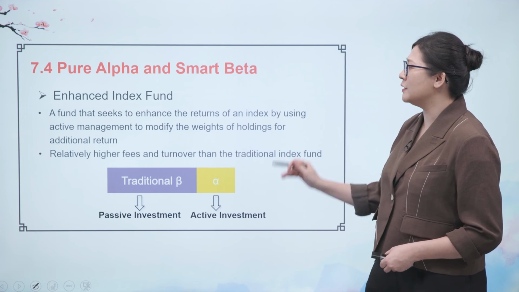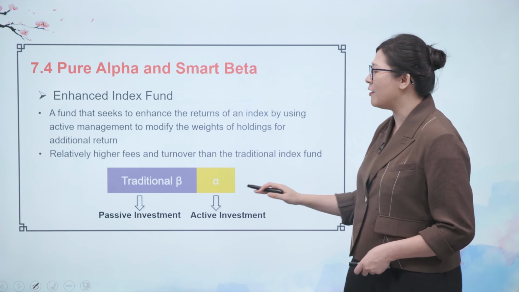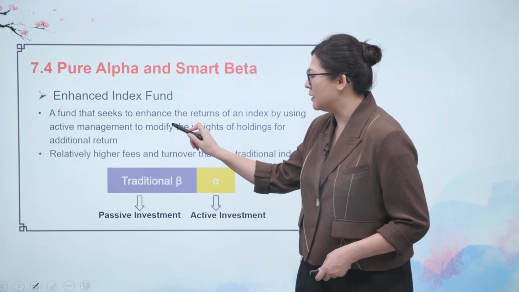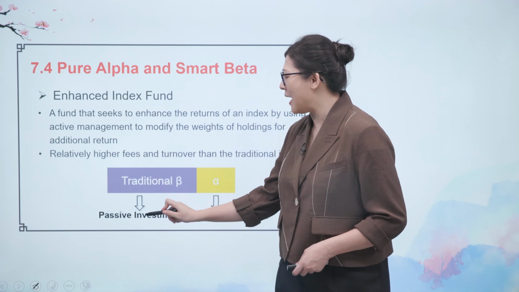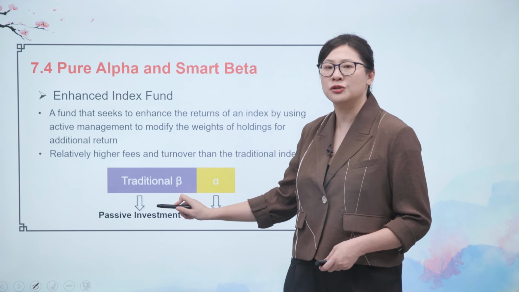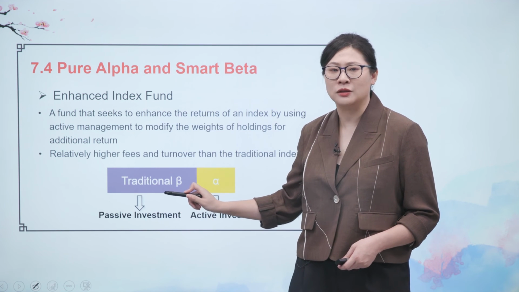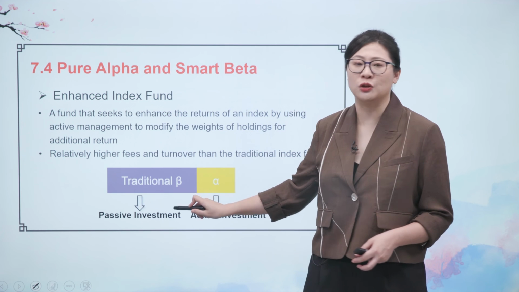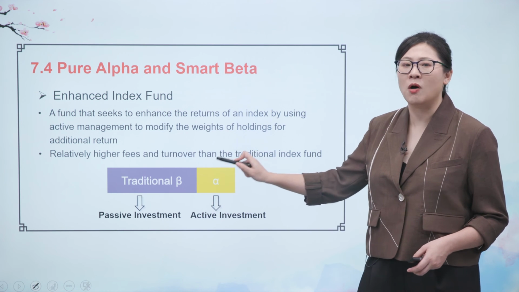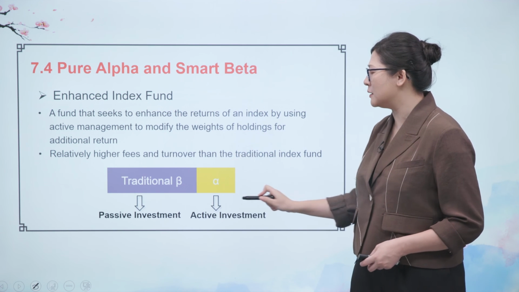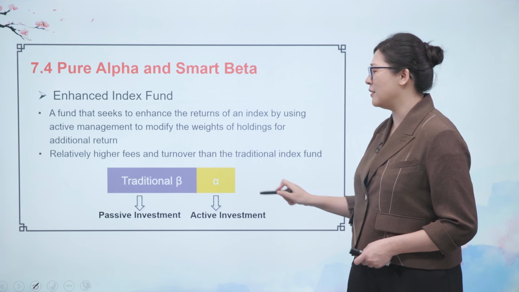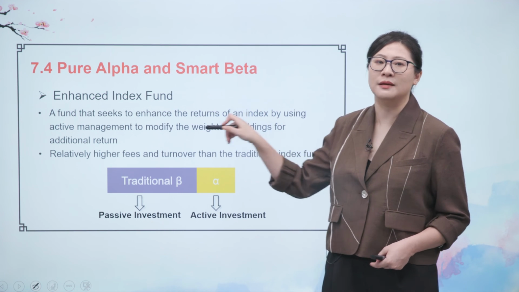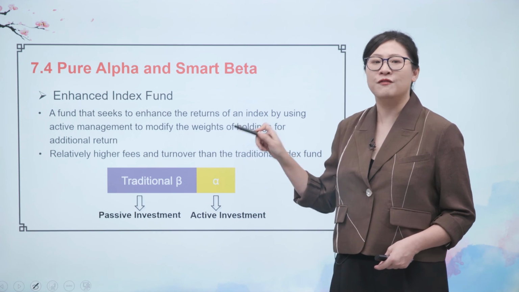So based on this enhanced index fund, the large part of our investment will go to passive investment, tracking some market index, and get our traditional beta. But only a small part of our investment does some active investment to earn the alpha return. So that's the enhanced index fund.